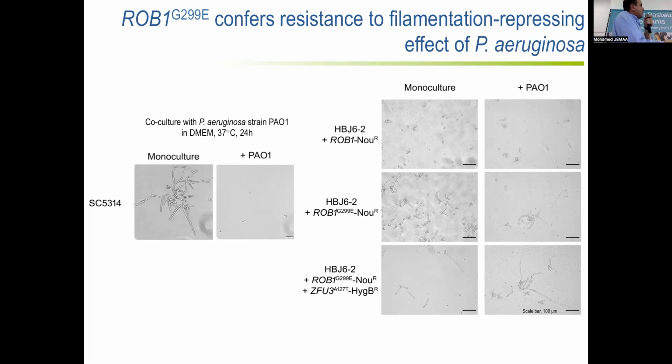By combining the ROB1 mutation and the ZFU3 mutation, the other transcription factor that we found mutated, we see it's even less inhibited by Pseudomonas. So this basically gives a genetic determinant of the ability of Candida albicans to chronically thrive in the context of cystic fibrosis.